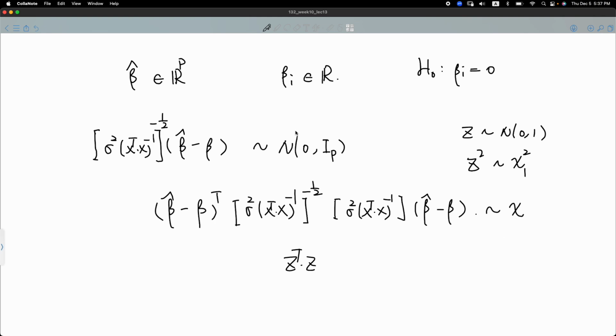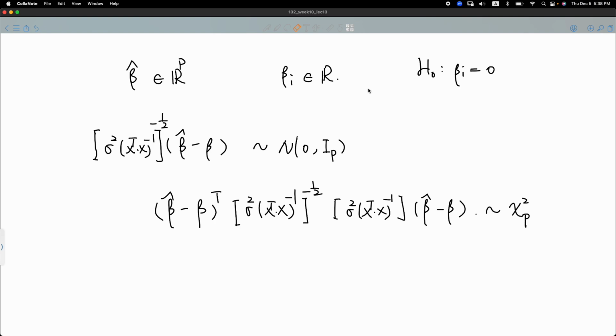The only difference is that because this is a p-dimension normal distribution, the chi-square distribution will have degree of freedom p. But essentially it's the same thing. Here we take the quadratic form, and then we also have a chi-square distribution with degree of freedom p. So this is nothing different from the scalar version, except for some notation.